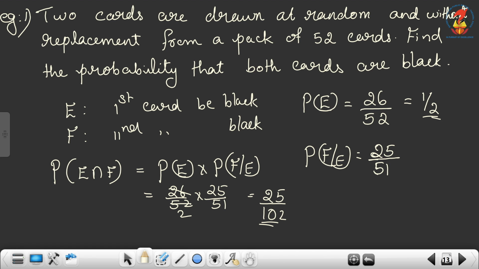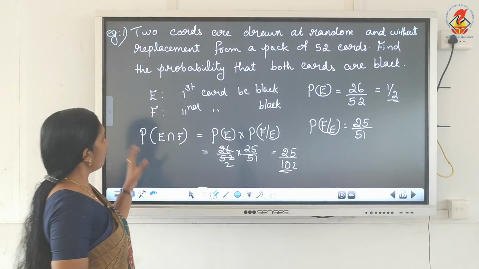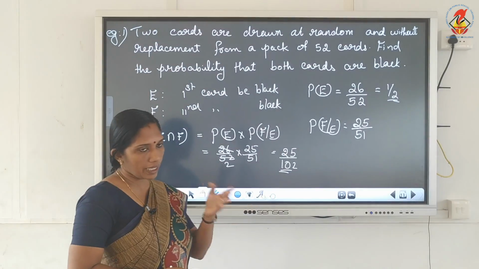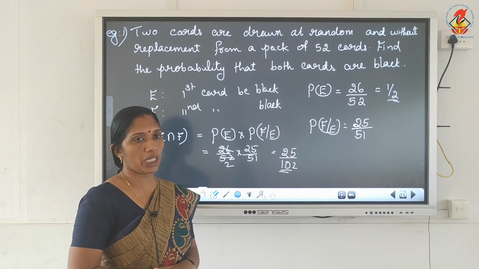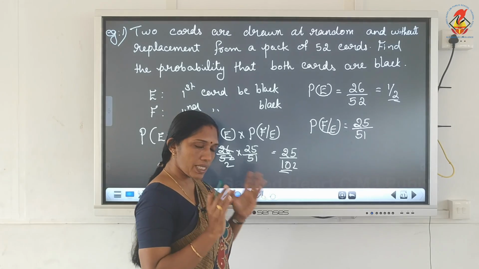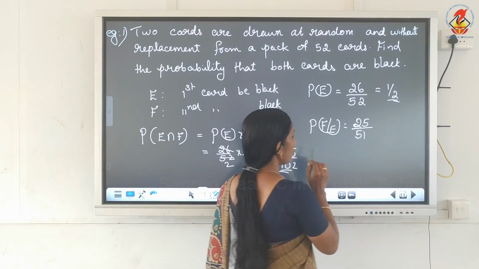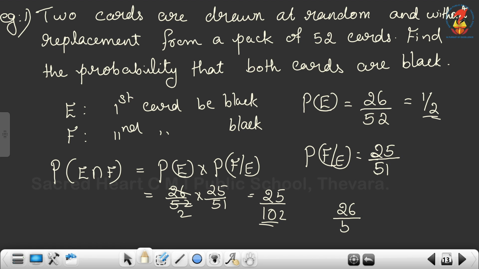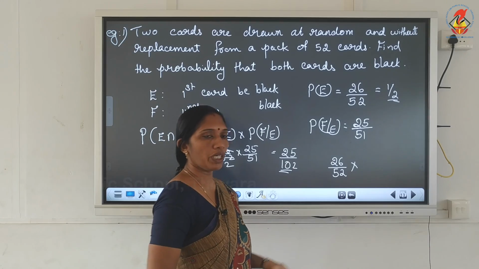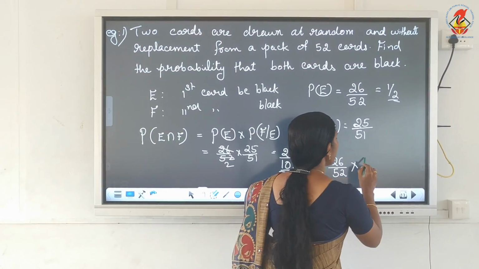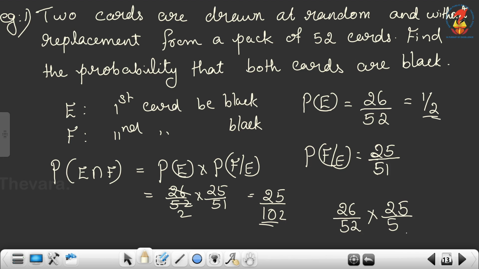Okay. Without using this formula also you can find it. We are taking 2 cards from a pack of 52 cards. What is the probability that both the cards are black? There are 26 black cards. The probability of the first black card is 26 by 52, and it is without replacement. So now there are only 51 cards and 25 black cards, so you can just write 25 by 51.